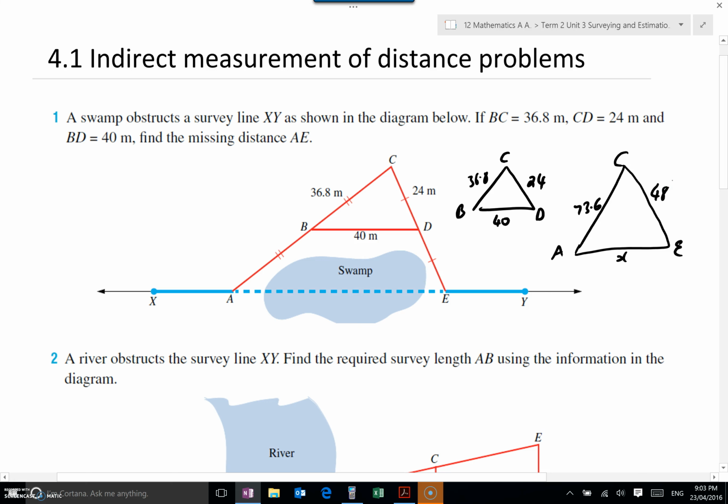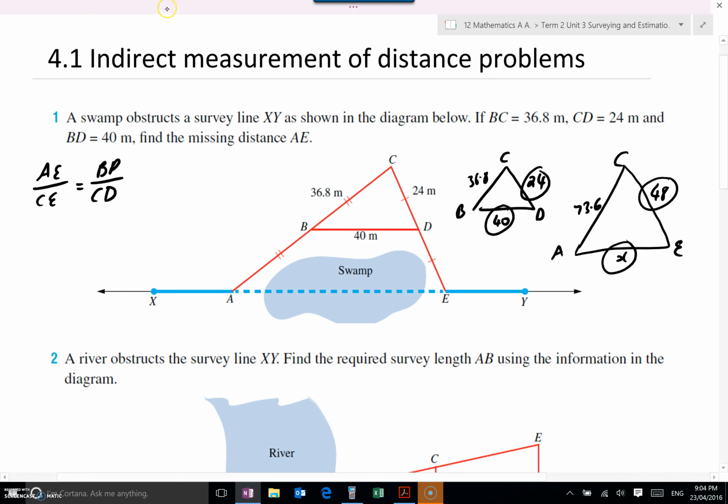So if I'm trying to find this unknown here, X, I'm going to choose these 2 sides to be the ones that I'm going to use the similarity of the triangles on. The idea will be AE on CE will be the same as BD on CD.